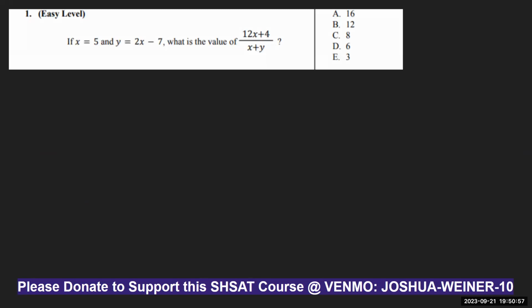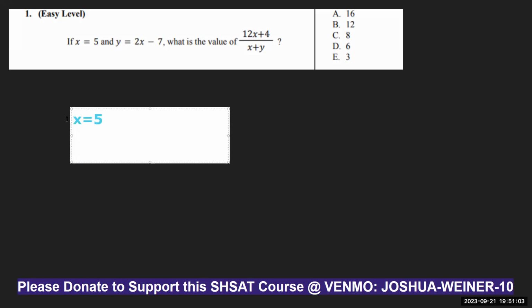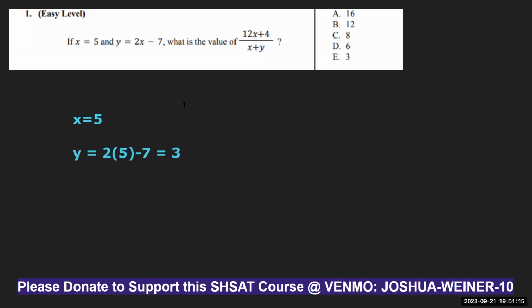For question number 1, it reads, x equals 5, and y is 2x minus 7. So first thing we have to do is compute the value of y, and we get that x equals 5, and then given that, y equals 3.